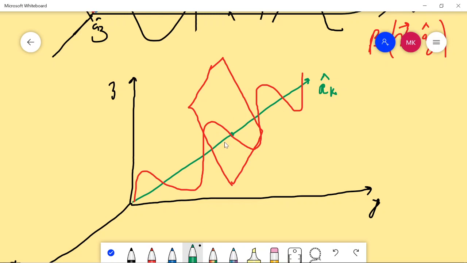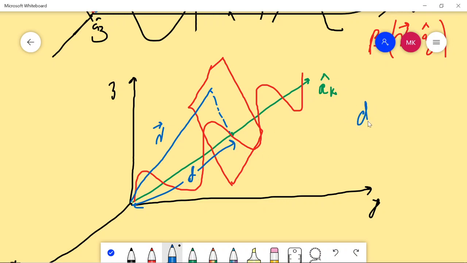Okay, so again to find the total phase, take another point P whose position vector is given by R, and you take the projection of this over to this AK direction, then you find this distance D.